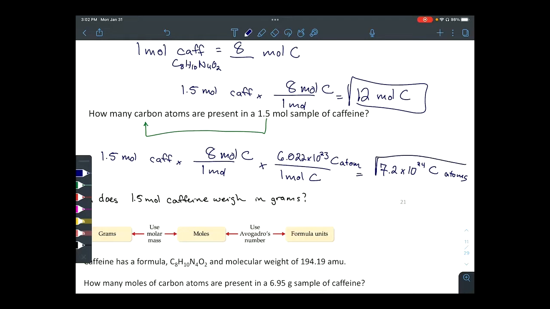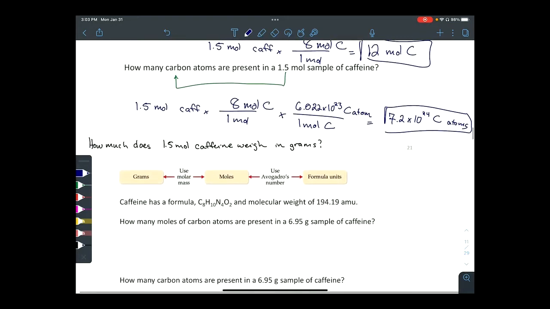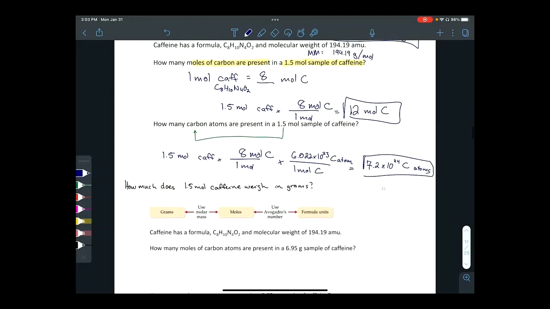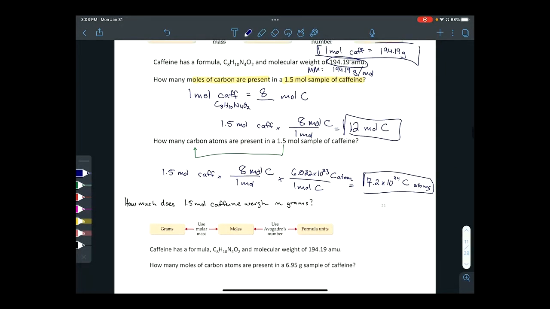So there is another way we can convert between grams, moles, and individual molecules or individual atoms in a given substance. And then I forgot to add this point. Let's also think about how much 1.5 moles of caffeine weighs in grams. So within here, we can use the molar mass of caffeine that is given, where 1 mole of caffeine equals 194.19 grams, all right?